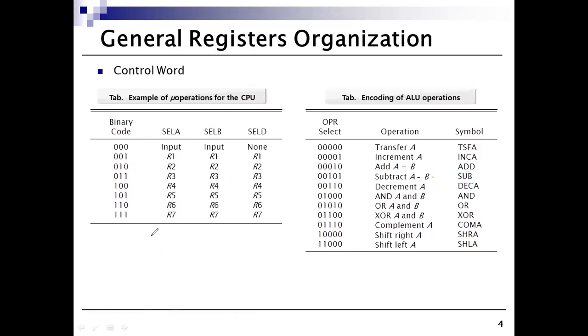Let us suppose I want to transfer the contents available in register R2 onto the output device. What is the control sequence? What is the control word to perform this micro operation, transfer of contents of R2 to output device? Can you tell me?